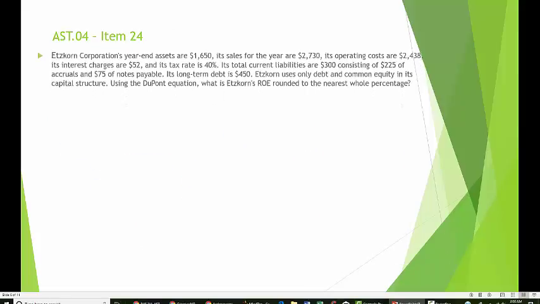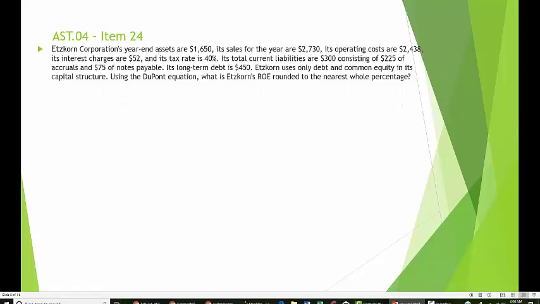Item 24. This is a tougher one, so let's just take a look at it. Etzkorn Corporation's year-end assets were $1,650. Its sales for the year were $2,730. Its operating costs were $2,438. Its interest charges were $52, and its tax rate was 40%.